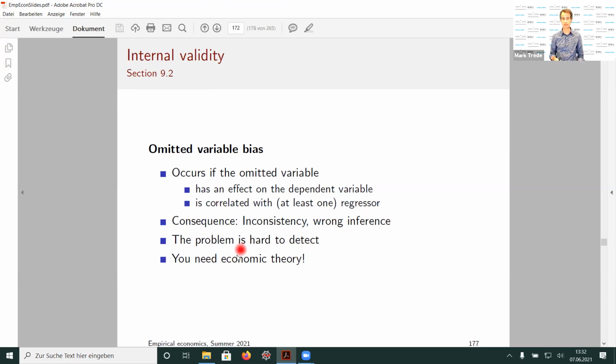So what you need is thinking about the problem, and you need economic theory to say whether omitted variables might not be there in a way. Okay? So it's not enough to look at the output of the computer. The problem is not visible there. What you have to do is you have to think about the problem. You have to reason why omitted variables are not a problem or might not be a problem, or why they might be a problem. Okay, so again, this is not really a methodological question. This is about economic theory.